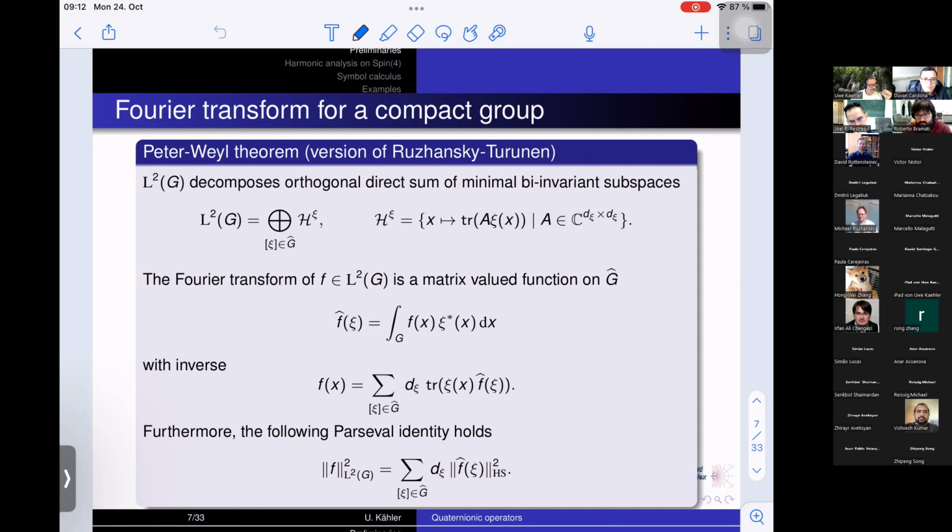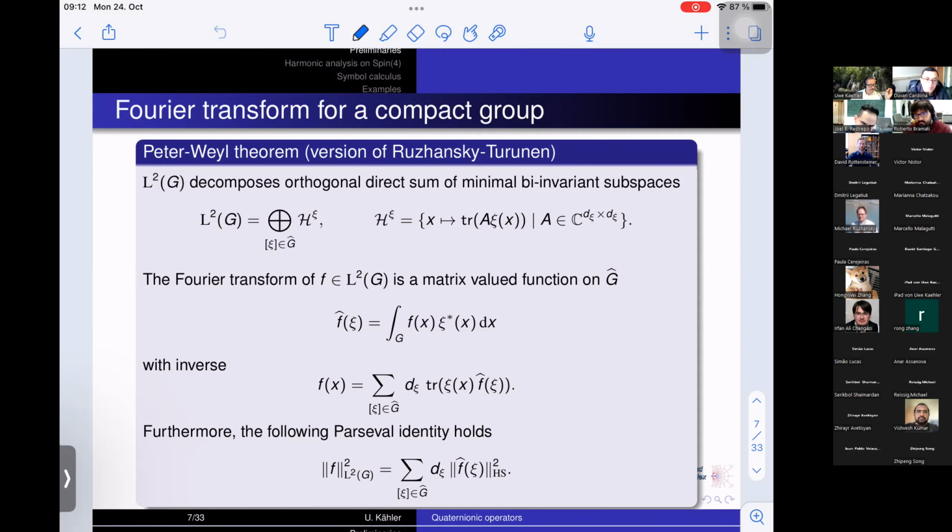And each subspace corresponds to one irreducible eigenspace. And if you sum them all up, that means you can get the Fourier transform just by integrating against the representations. And the inverse is given in this part. The point is, it's discrete, so you can put it as a sum over the dual.